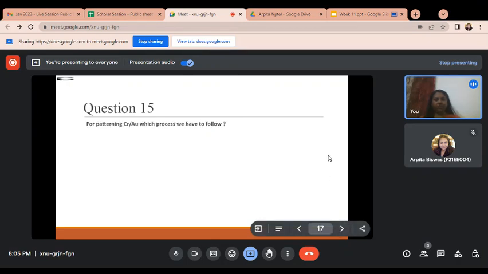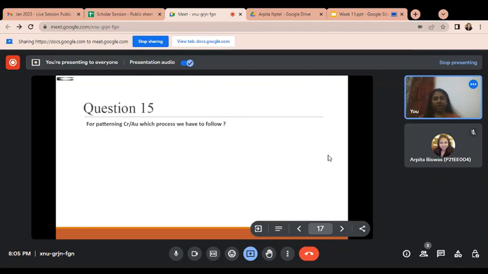Next we are moving toward question number 15. For patterning the chromium and gold, which process do we have to follow? At first we have to know why we deposit the chromium. Actually the adhesion of the gold is not that good.